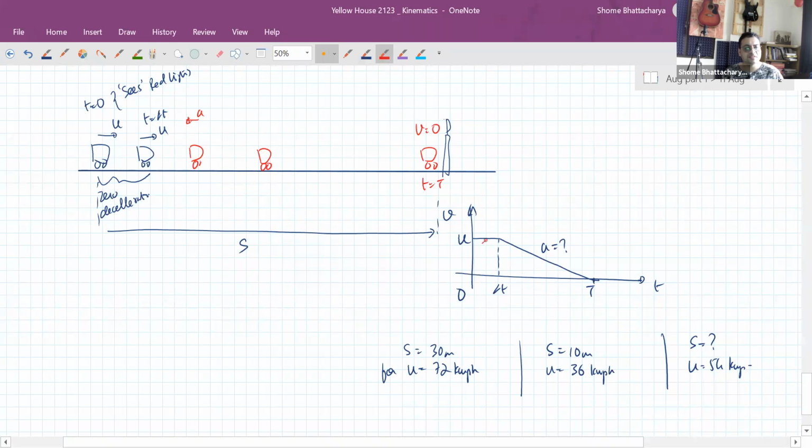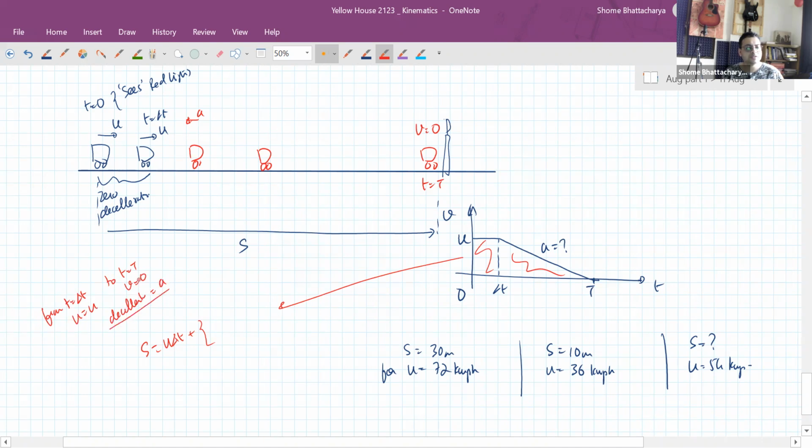The total distance that he covers in this graph will be u into delta t plus this part of the displacement. For this part, from t equal to delta t when the speed is u to t equal to capital T when the speed is 0, let the deceleration equal a.